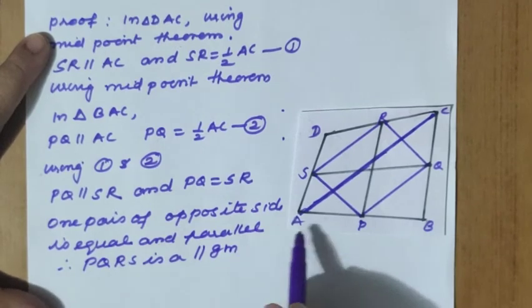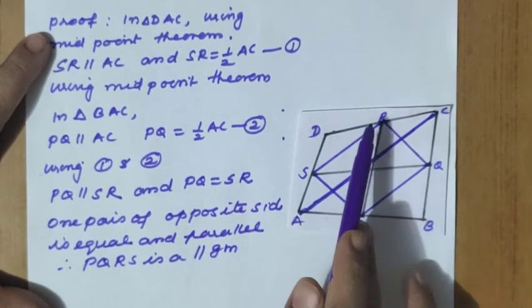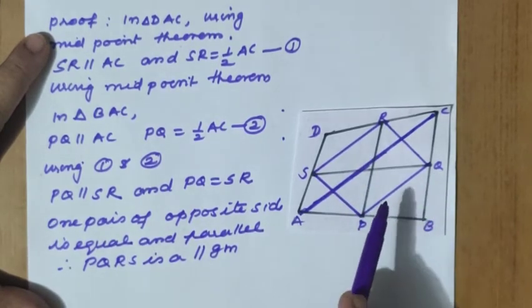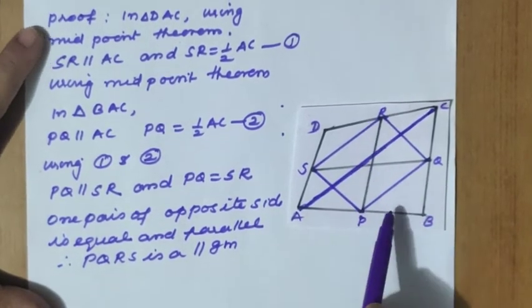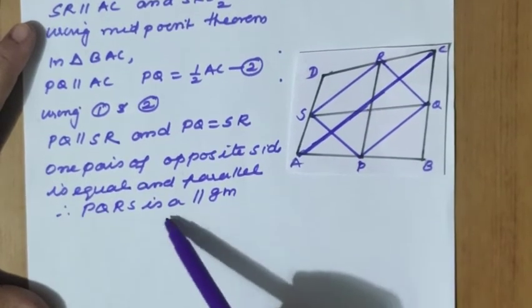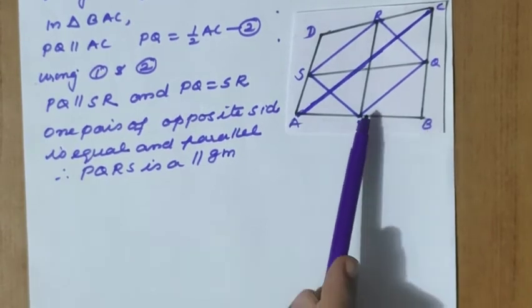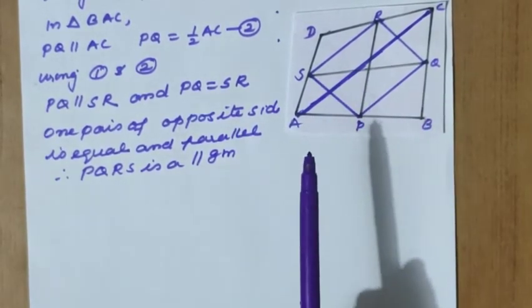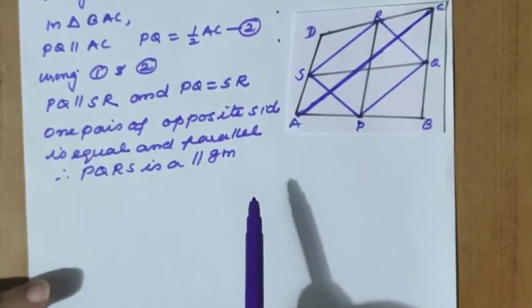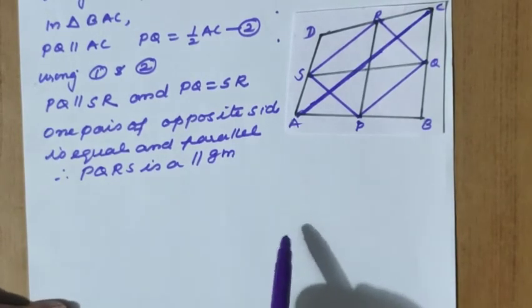Once we have proved that PQRS is a parallelogram, tell me what PR and SQ are for the parallelogram. PR is a diagonal, right? PQRS is a parallelogram, so PR is a diagonal. Similarly, SQ is a diagonal. When it is a parallelogram, what is the property of the diagonals? Diagonals bisect each other.